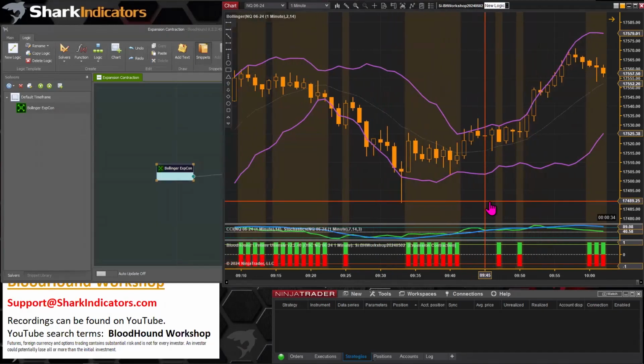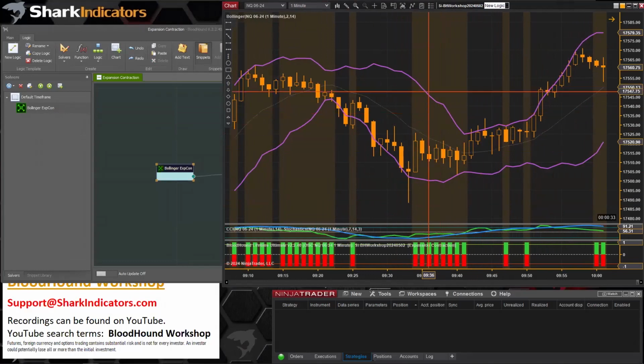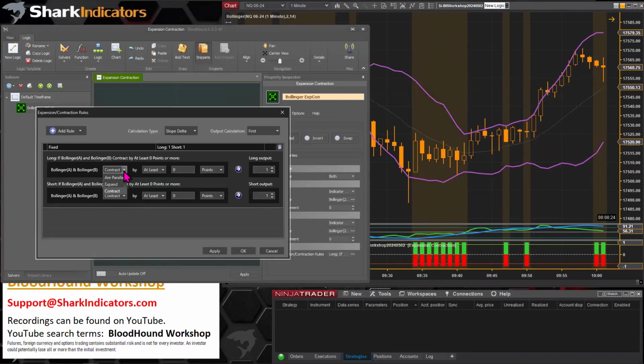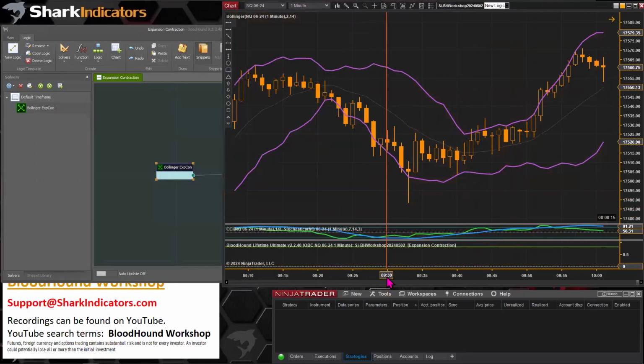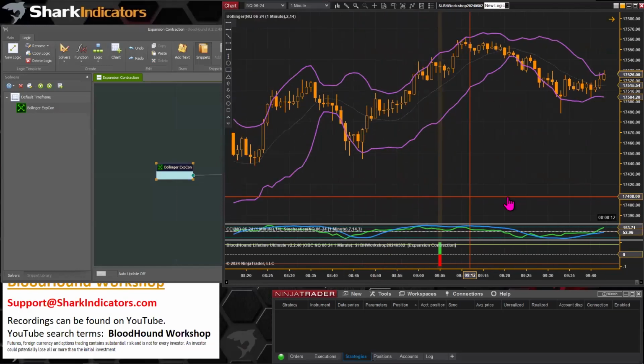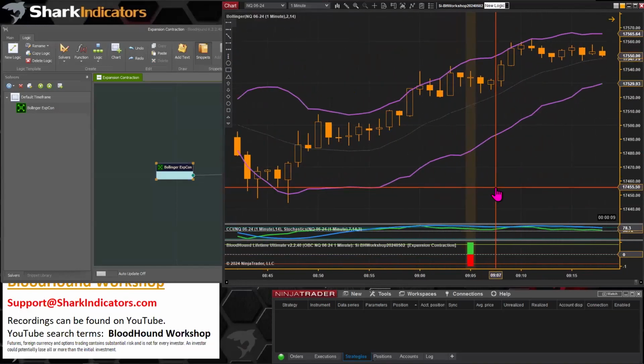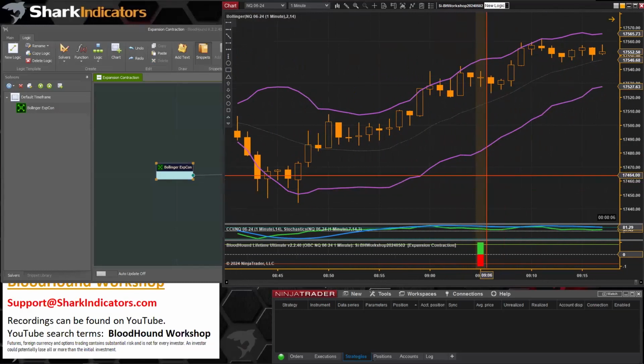There we go. So basically that's kind of the opposite. And then the other condition you can look for is parallel. I would not expect the Bollinger to be parallel. Oh, actually, we do have one situation where it is parallel. Interesting.